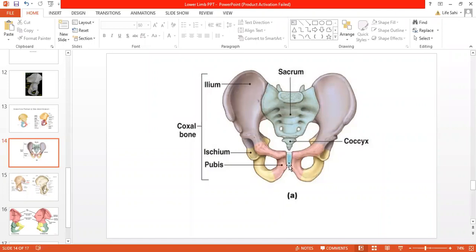The hip bone anteriorly is joined at the pubic symphysis by the two pubic bones of either side, right and left. This aspect is showing the pelvic surface of the ilium.